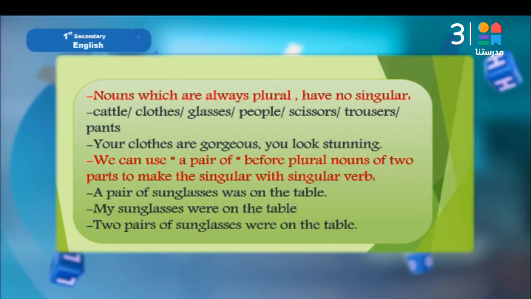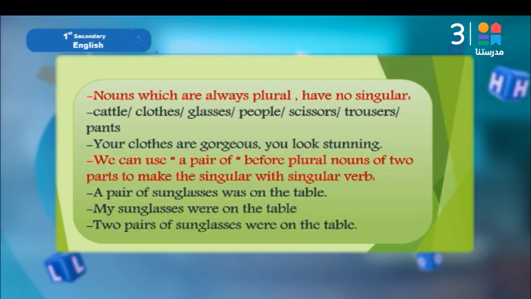Like the example we have here on the screen, two pairs of sunglasses were on the table. I'm talking about two pairs. That means there are four parts of the glasses. Two and two. Did you get the idea? Clear. Well done. You rock out there. Let's go on and see another slide.